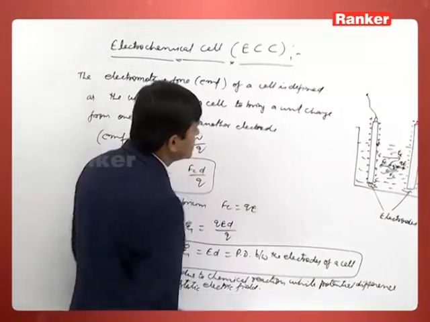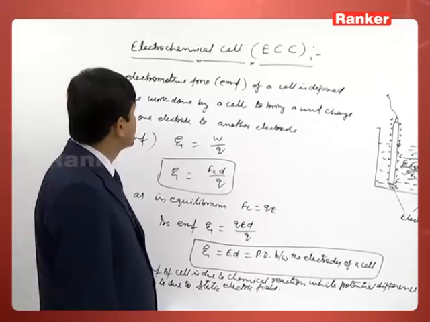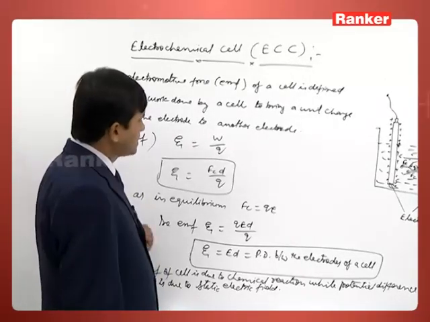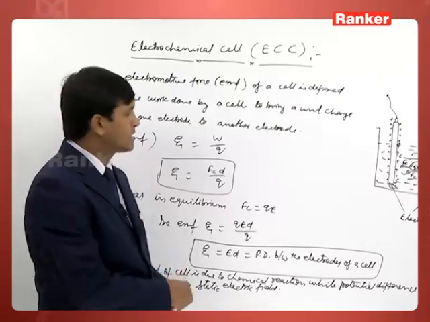So this is the difference between EMF and potential difference. This is the point which we can define under the electrochemical cell.